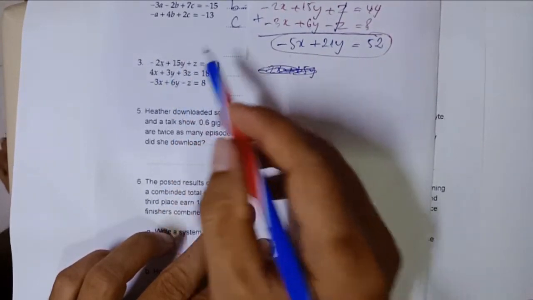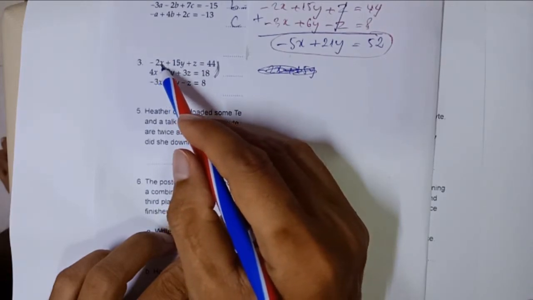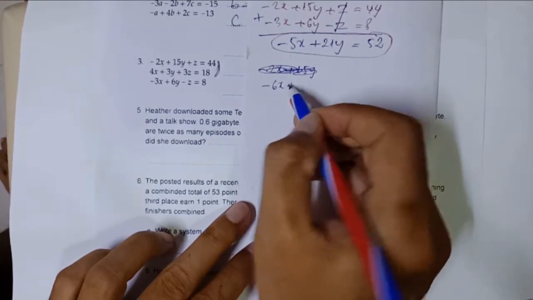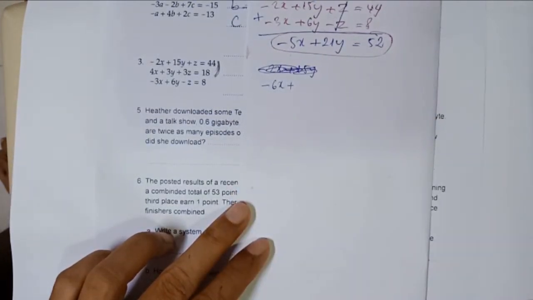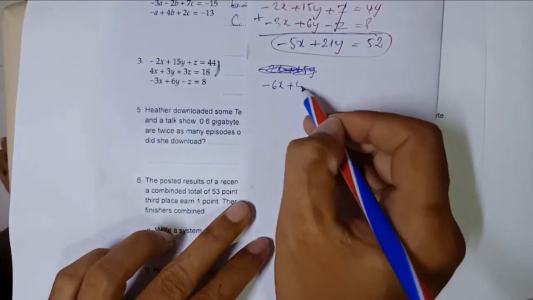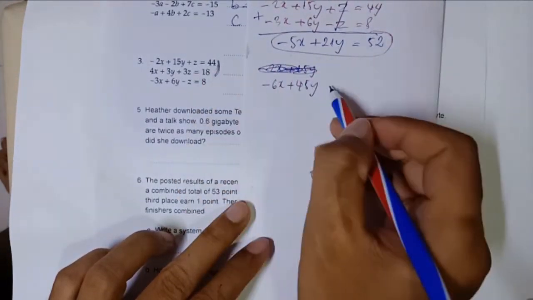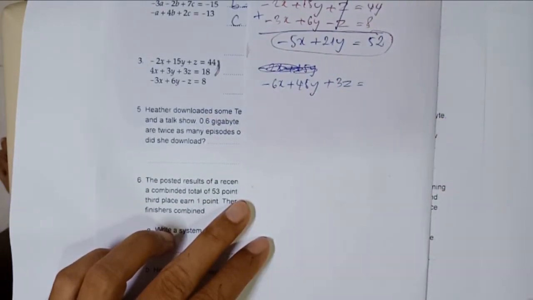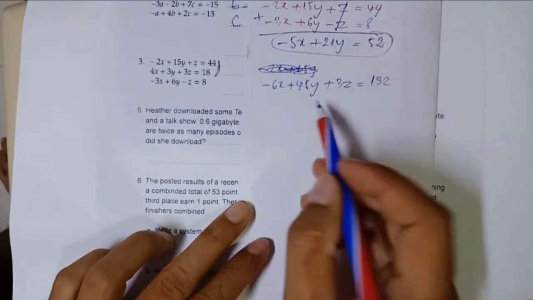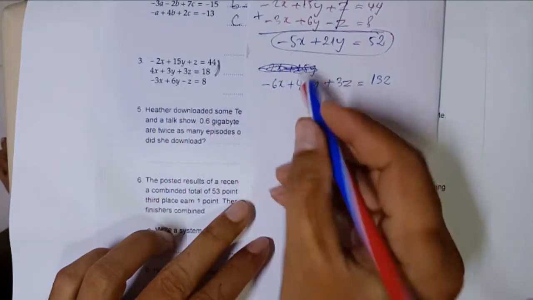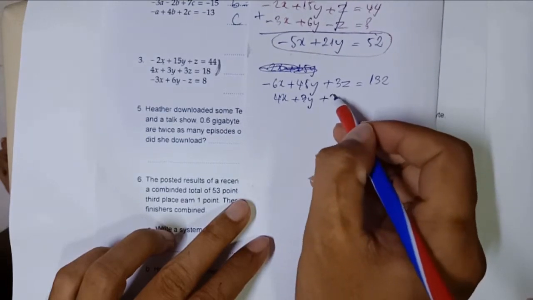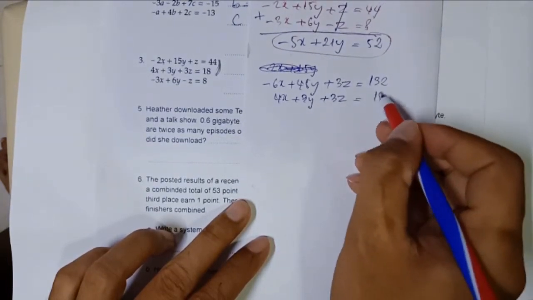Negative 2x times 3 is negative 6x, plus 15 times 3, 45y, plus z times 3, 3z, equal to 44 times 3, 132. And then I will rewrite the second equation exactly the same: 4x plus 3y plus 3z equal to 18.